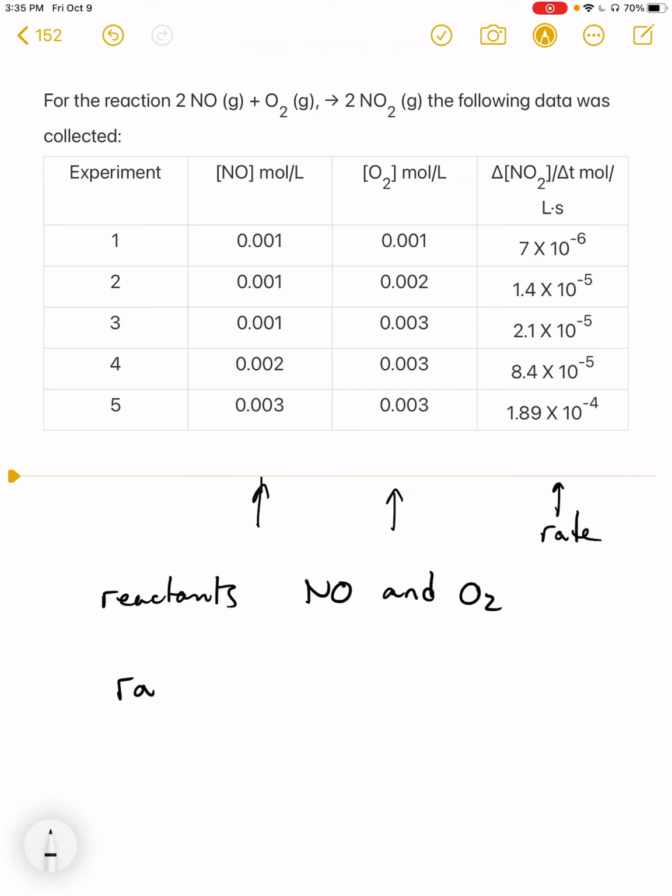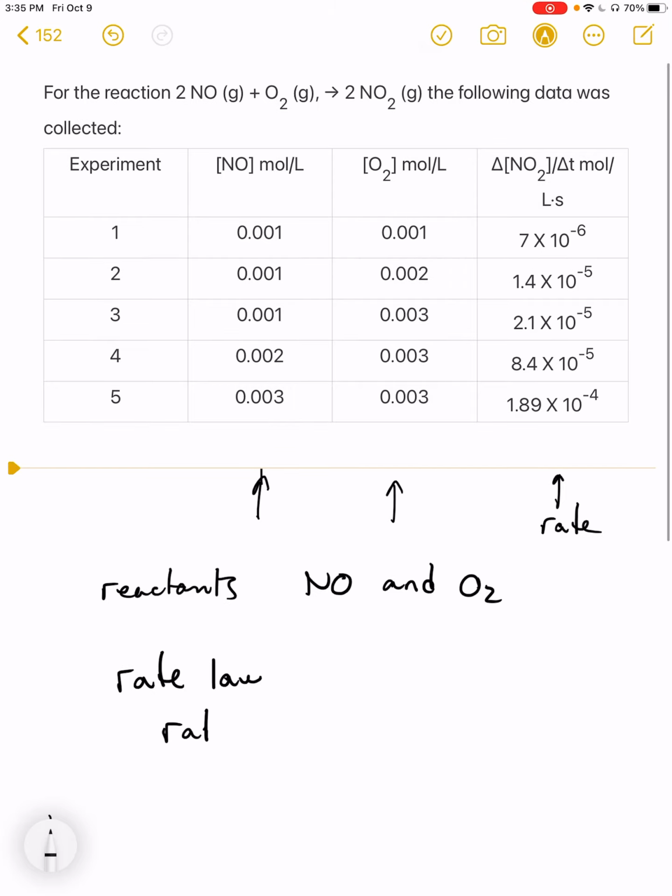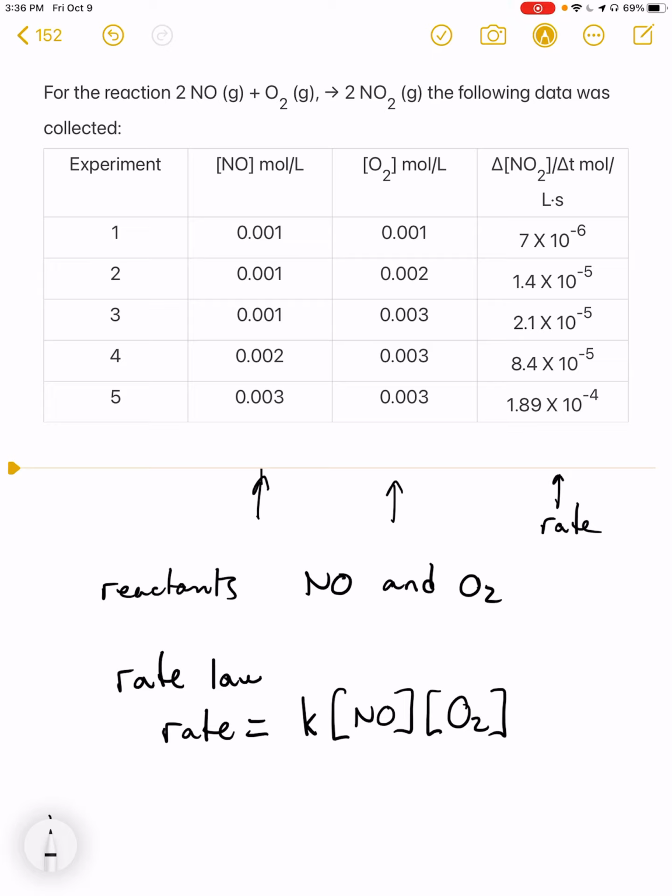So the rate law is going to have the form of rate equals K, which is the rate constant, times NO, nitrogen monoxide, times O2, oxygen. And these are going to be to some power that we call the orders. I'm just going to call them A and B for now, because we can't know the orders without experimental data like we have in the 5 experiments up here.